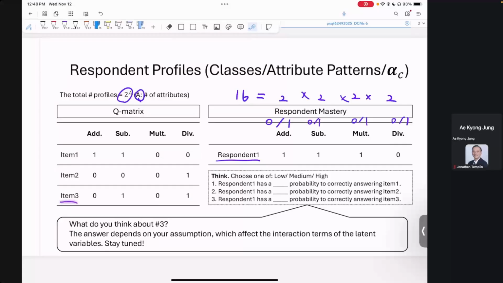What about item number 3? This one requires subtraction and division, and this person mastered subtraction, but not division. Medium? That depends on your assumptions and the models, which affect the interaction terms. We'll see soon about that.